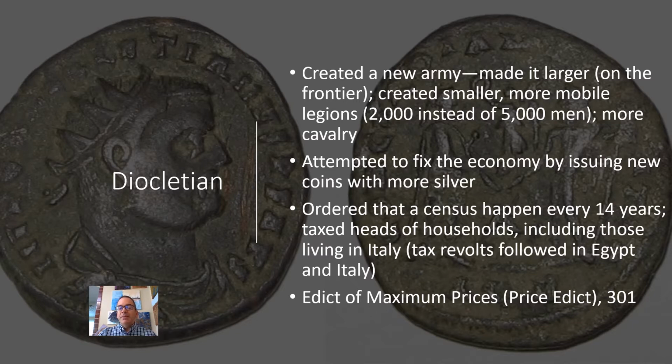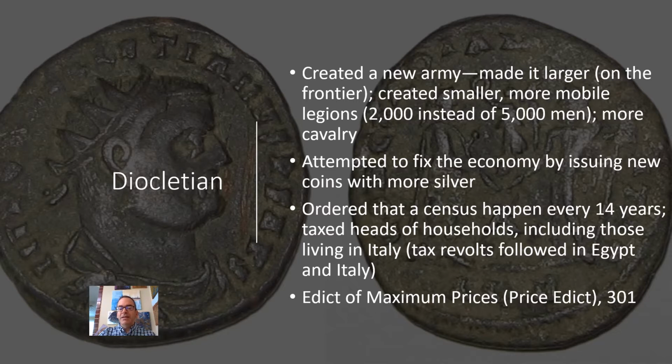So this would sort of remove the military from the center part of the Roman Empire where they weren't having too many issues and moving them up into the borders and then making it more mobile so they can move faster so you can actually have less troops. He tried to fix the economy. Remember we talked about debasement by issuing new coins with more silver, and it made people feel better, lowered inflation a little. He made new tax laws about when taxes could be collected.